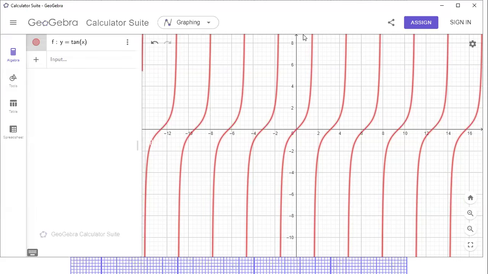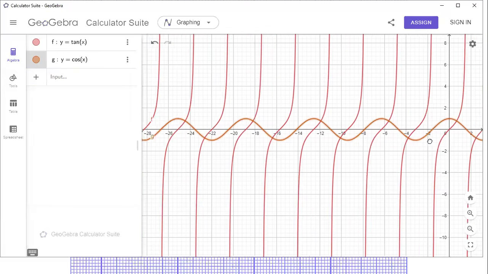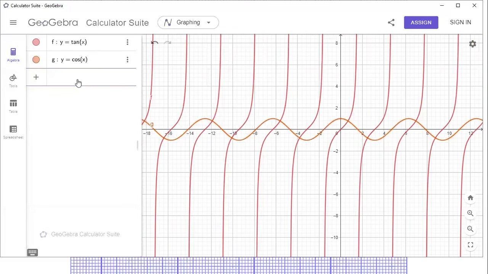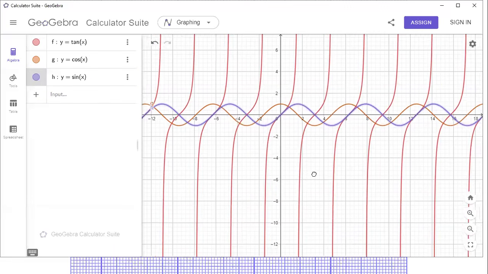Otherwise, when you look at those cos curves, let me include the cos here. When you look at the cos curve, you'll notice it can go on without ending. Even if I include the sine, y is equal to sine of x, you'll notice that it will also go on without ending.